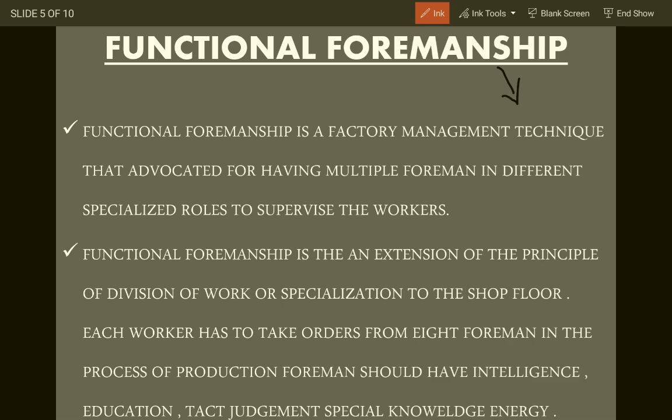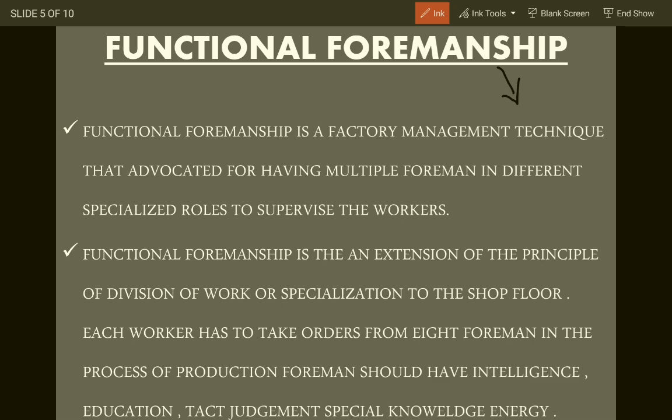He said there is a need to divide the work in a factory into a planning department and a production department. In the planning department there will be 4 foremen, and in the production department there will be 4 foremen, so 8 supervisors will be there to handle the workers. For example, in planning there is the route clerk, instruction card clerk, and disciplinarian.